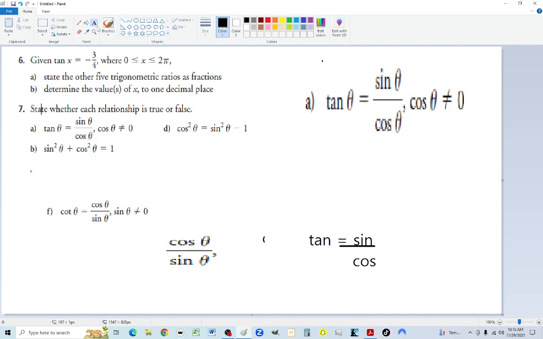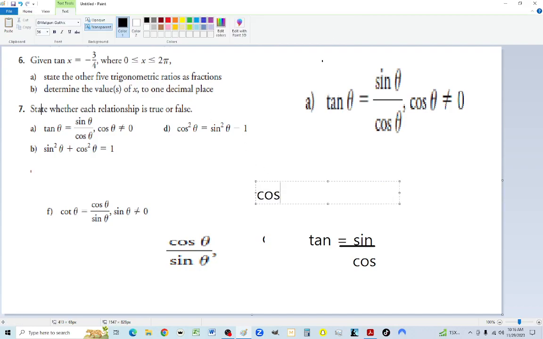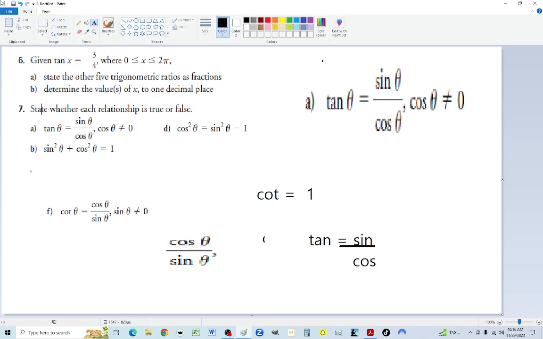Cotangent is equal to 1 over tan. And we've already proven that tan is sine over cos. So we can replace the word tan down there with this, like that.